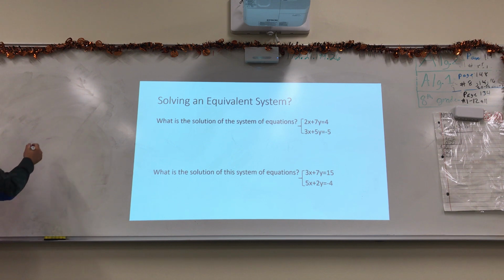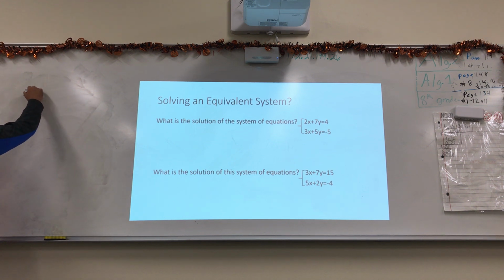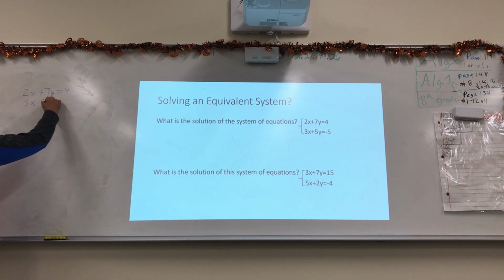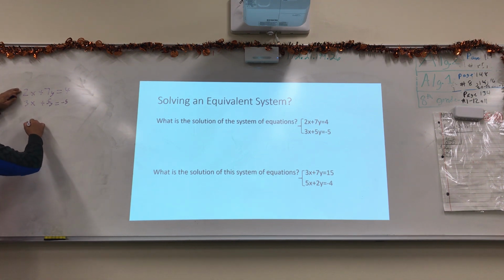I would take 2x plus 7y equals 4, and I have 3x plus 5y equals negative 5. What I'm thinking is I might multiply the top by negative 3, so I get negative 6x plus negative 21y equals negative 12.